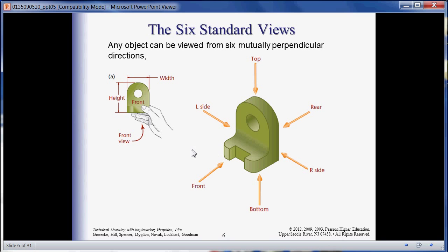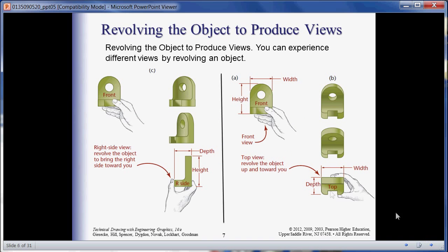Let's go to the next slide. If we look at this part again, the author calls this the width and we call this the height. Start to learn these terms, because we're going to use them throughout the course, and you're going to use them throughout your career in this industry. Now we're going to revolve the piece here. If you're looking on top, you're going to revolve this clockwise.